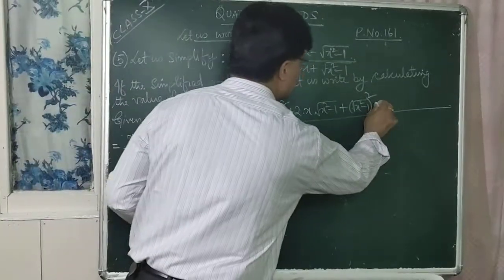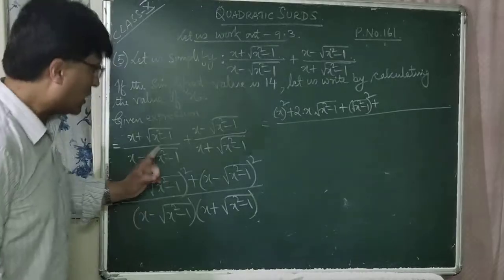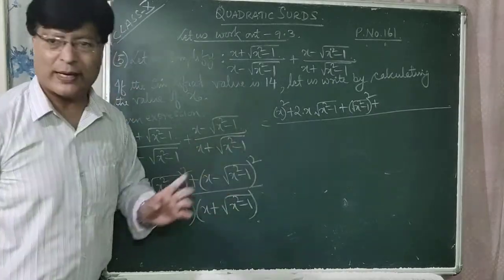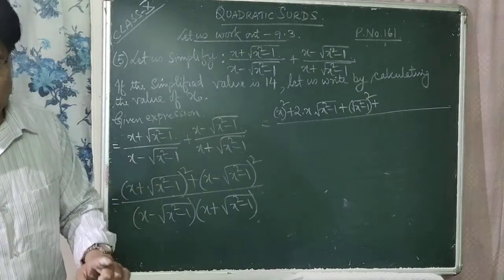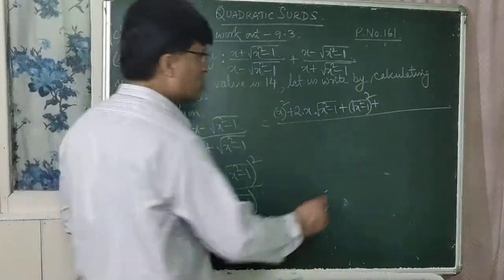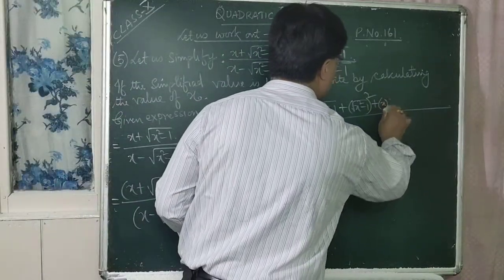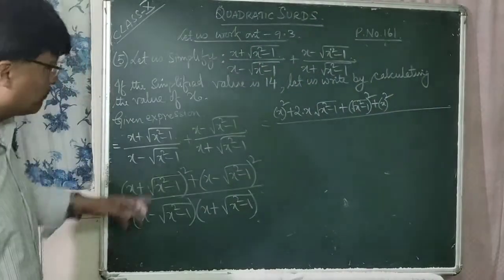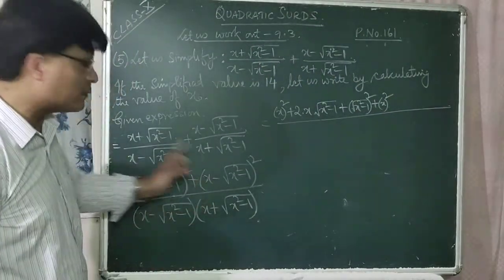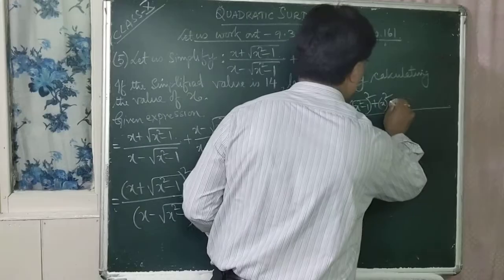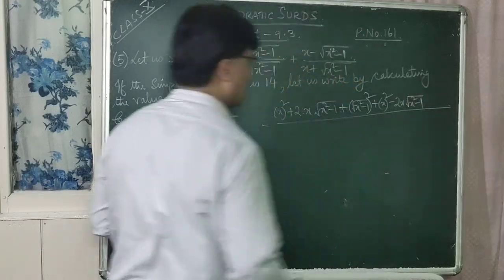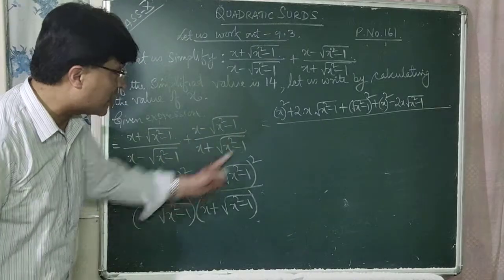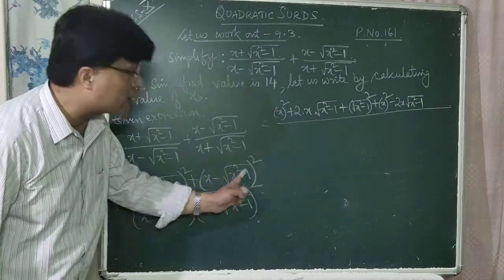Similarly, plus, again this is (a − b)². What is the formula? a² − 2ab + b², right? So what is a² in this case? It is x², right? Then minus twice ab, because there is a minus sign here. Minus 2x into √(x² − 1), where a is x and b is √(x² − 1).